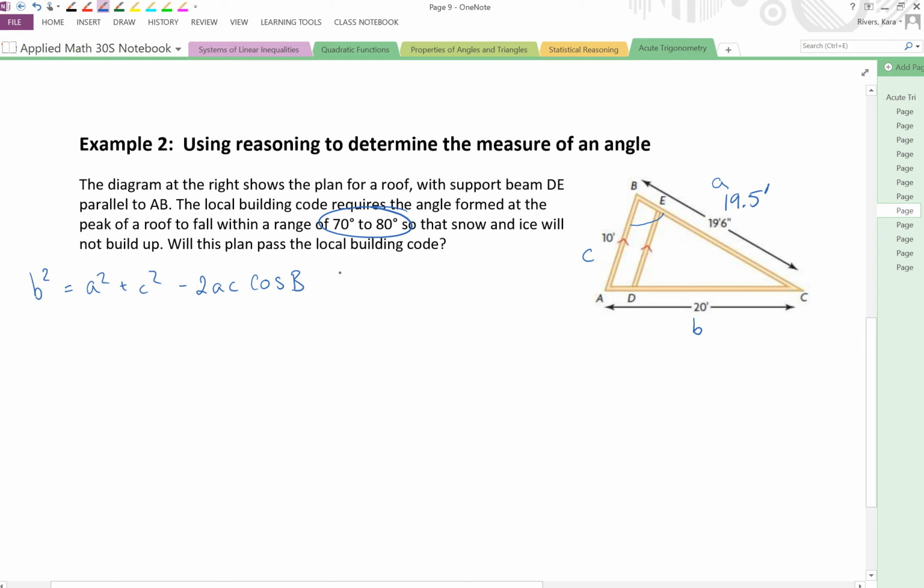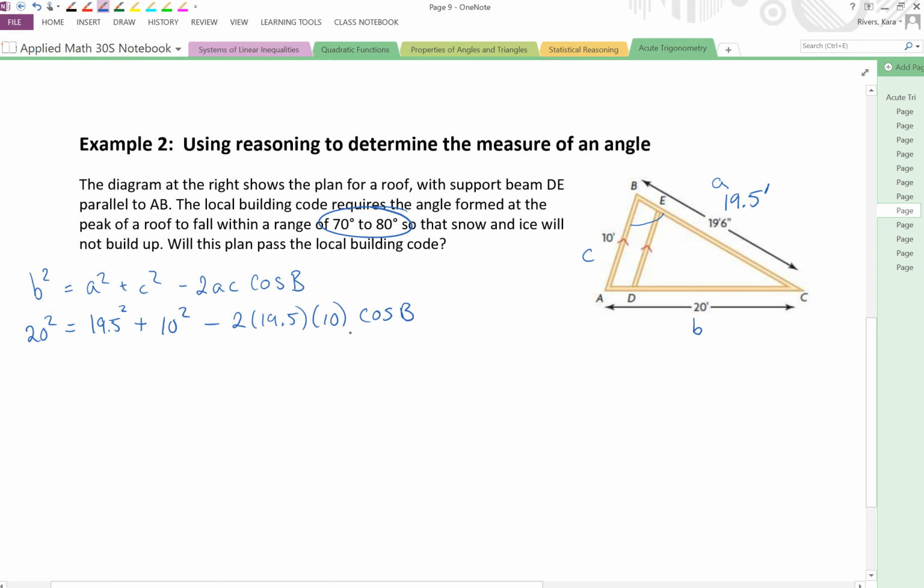Let's start by substituting what we know. We know that B is 20, so I'd have 20 squared. A is 19.5, so that's squared. And then C is 10 squared. So minus 2 times 19.5 times 10, and then cos of angle B, which I don't know. So similarly to the last question, let's evaluate all the exponents first, do my multiplication, and see what we're left with.